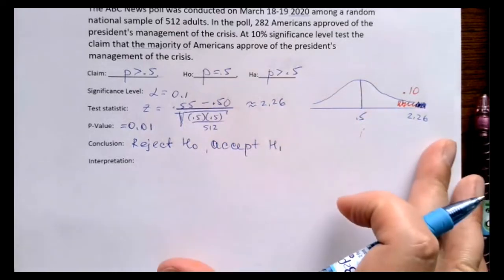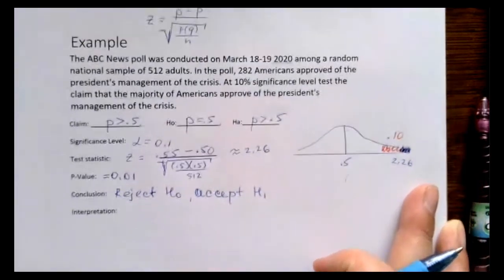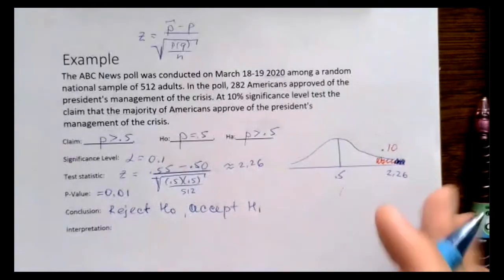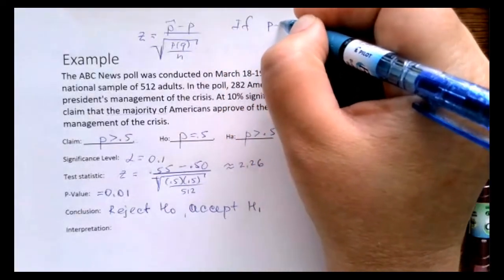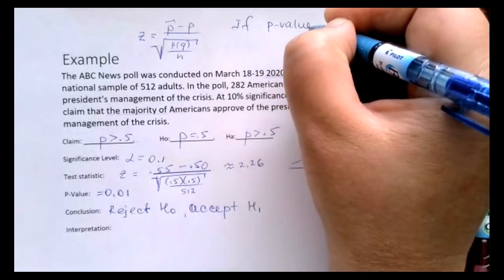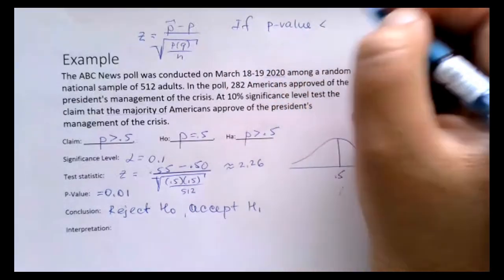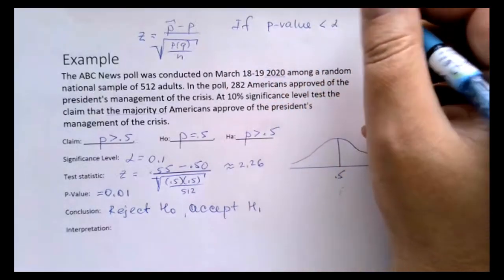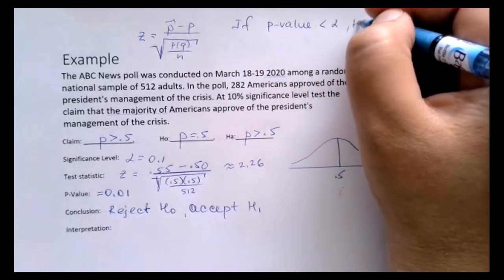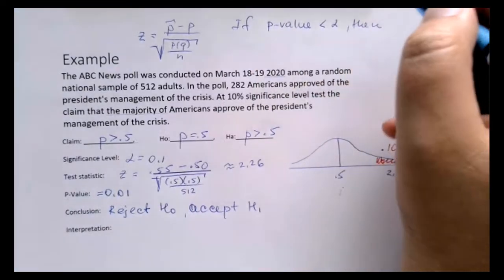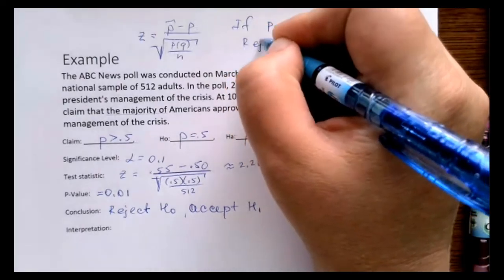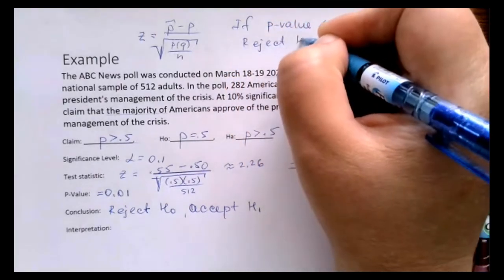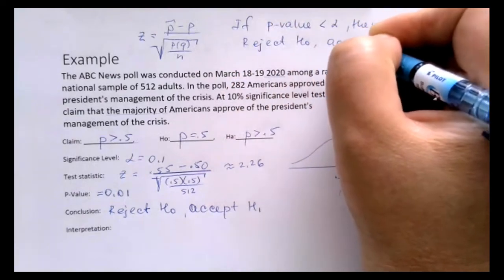So in general, the rule is this: if the p-value is less than alpha, then we're gonna reject the null and accept the alternative.